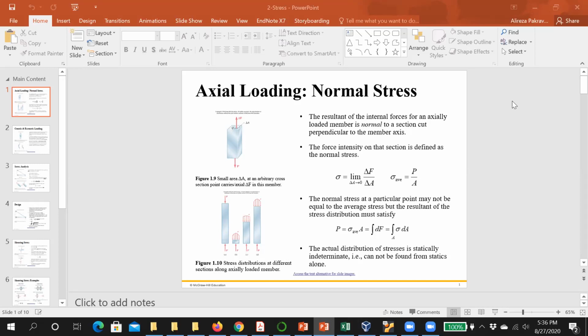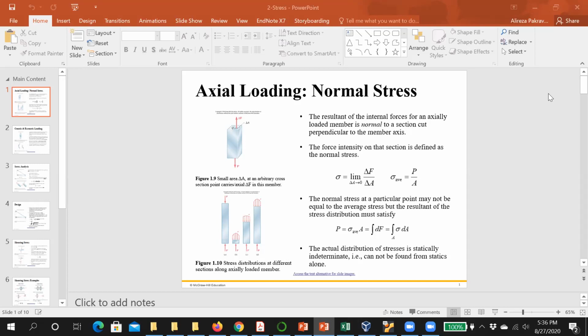The force alone cannot tell us whether the element is good or bad. Assume, for example, I have this pencil, and maybe this is my cell phone, and I apply the same load on both, maybe 50 Newton, 100 Newton.